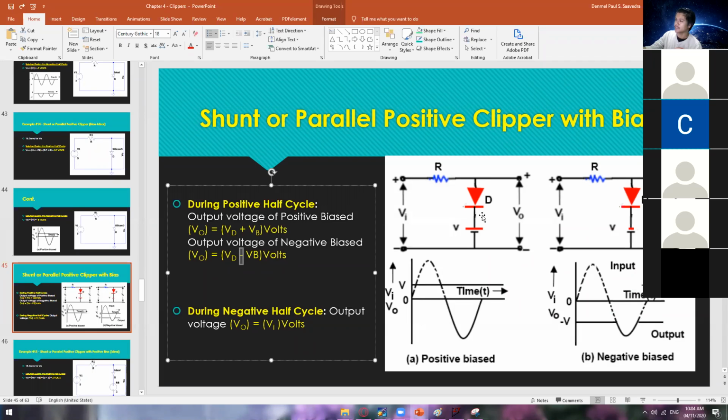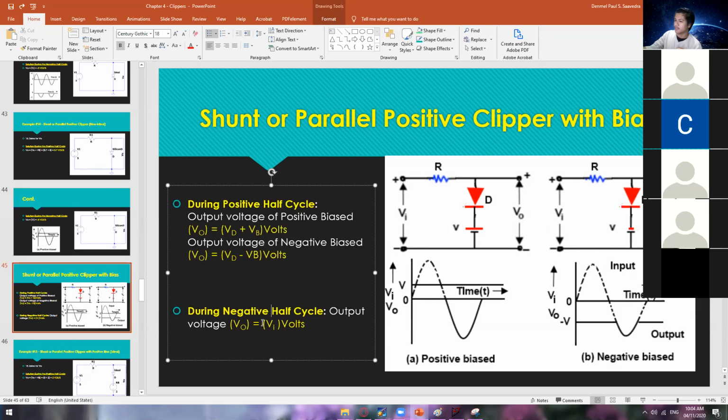So in here we have positive to positive, and this one now is positive and then negative. That's why we have here negative V sub B. So the same, we get the voltage drop of this diode, forward bias here, and then the bias voltage itself. So that's it for the positive half cycle.